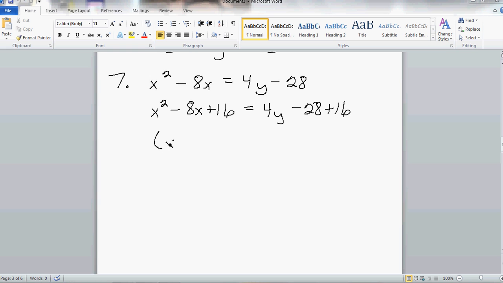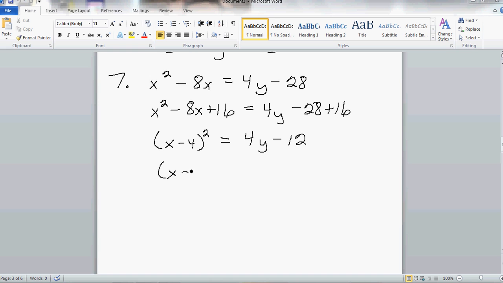So then this becomes x minus 4, the quantity squared, equals 4y minus 12. But now we need to get this thing inside parentheses, factoring out everything that we need, because it needs to be y plus something or y minus something.